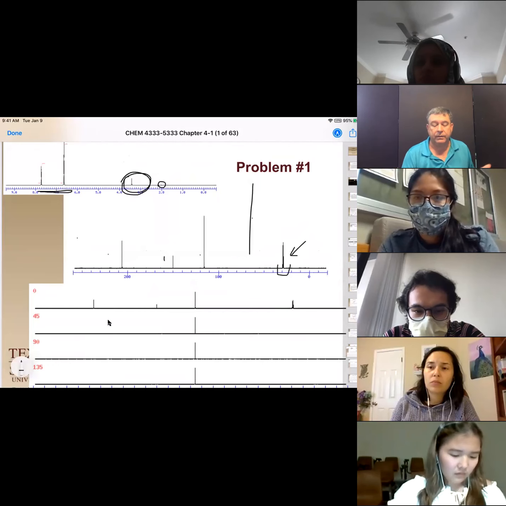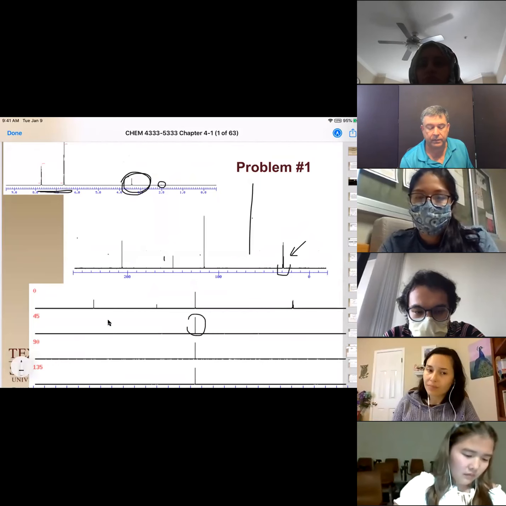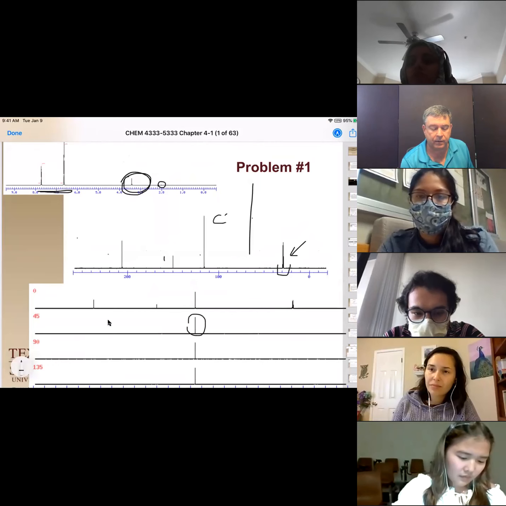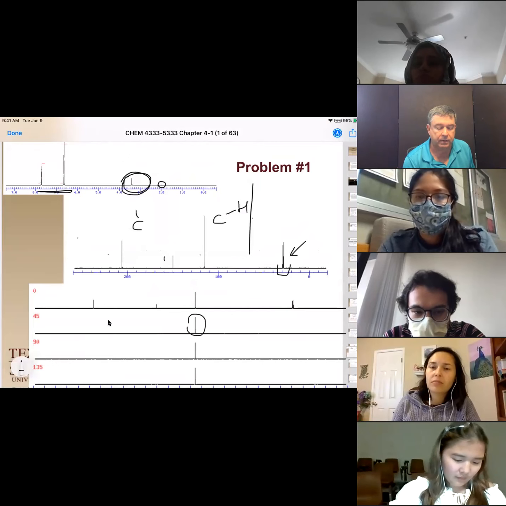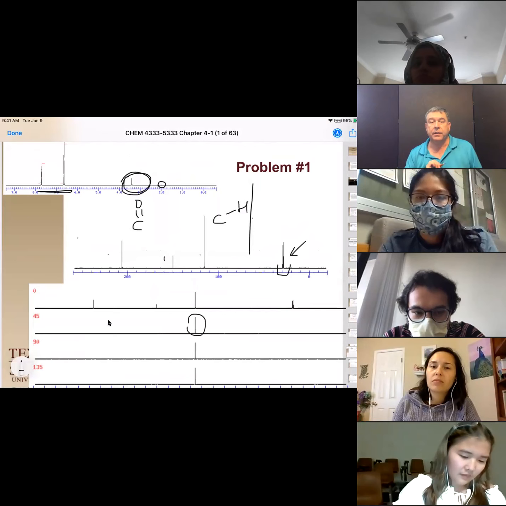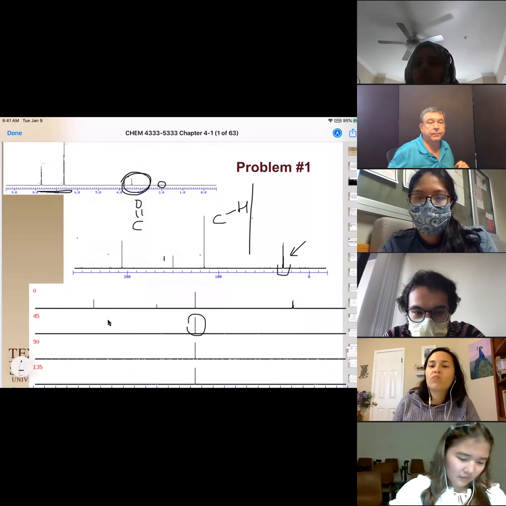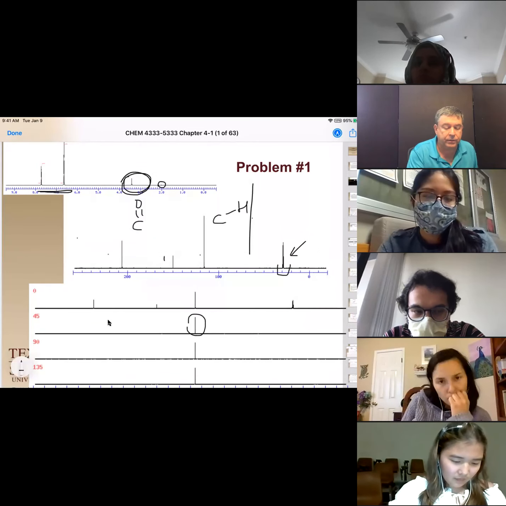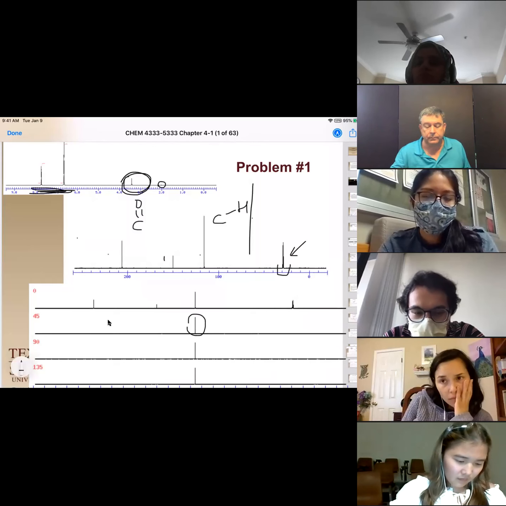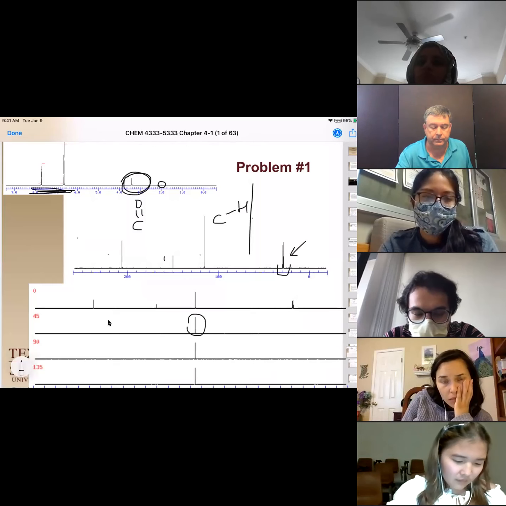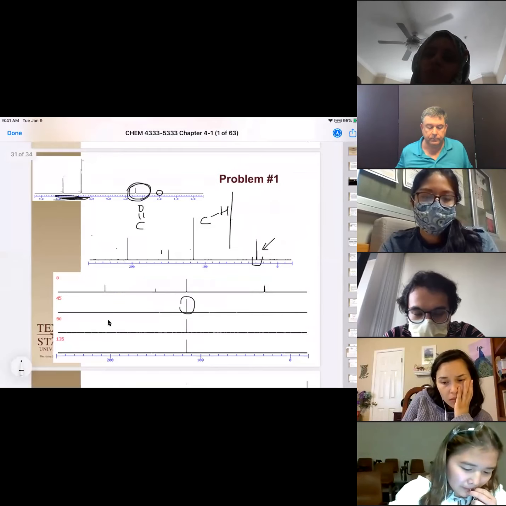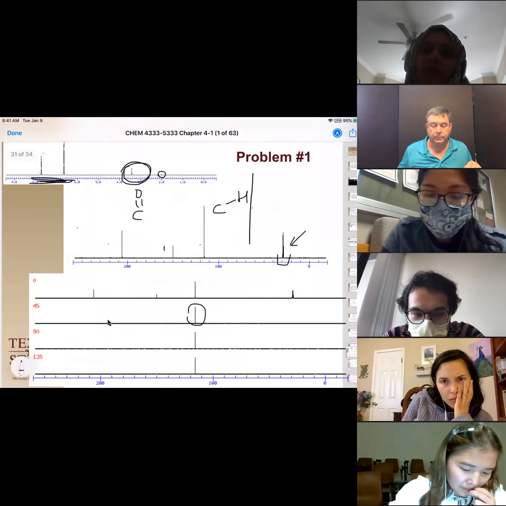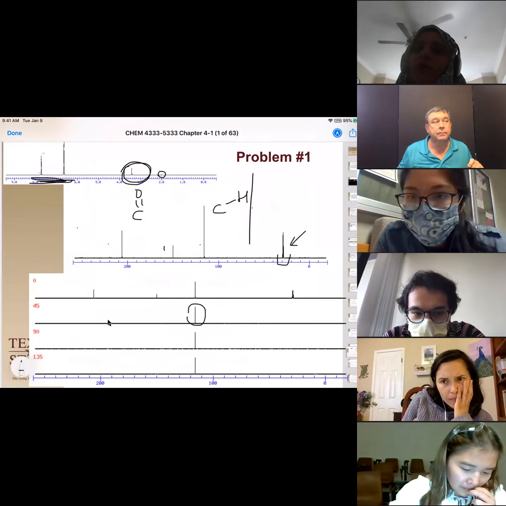But wait, the 45 says it's a CH. So we have a CH right here. We have some kind of carbonyl compound, and we have some other carbon in our system. And it's way shifted up. With carbonyl in it.